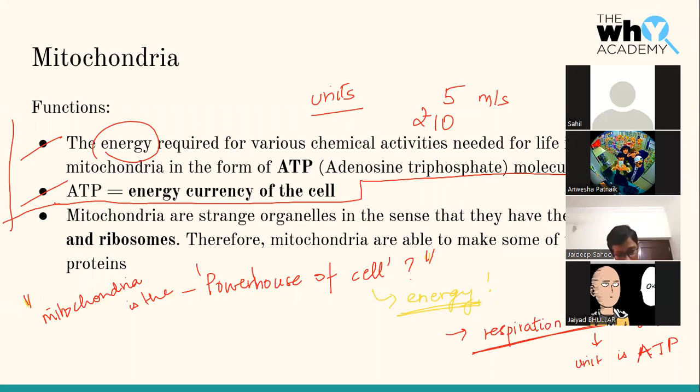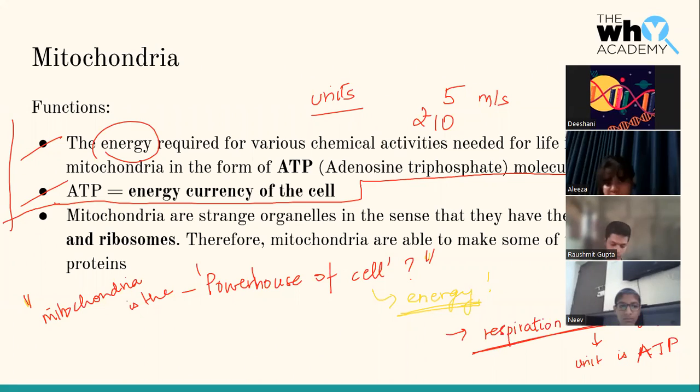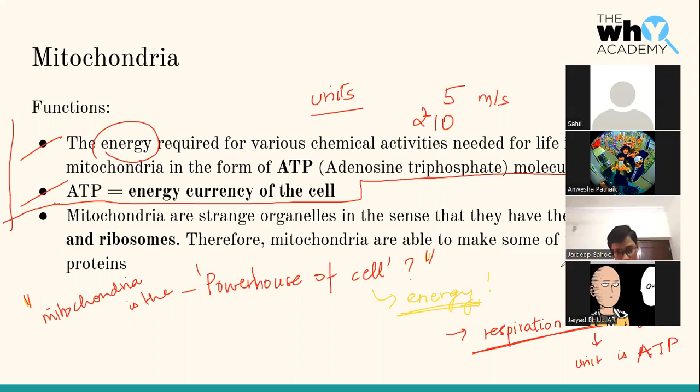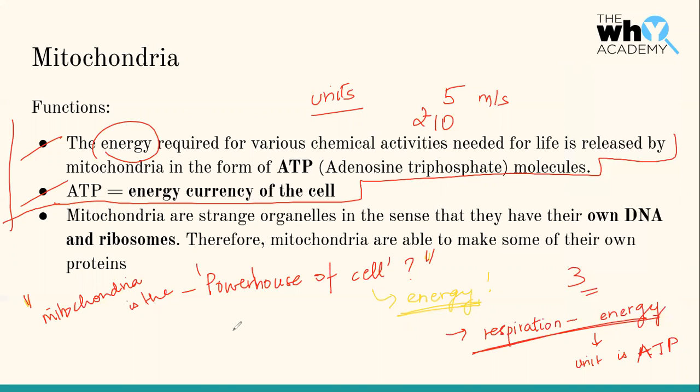In physics, there is one more chapter called work, power, energy. There you will study that the unit of energy is joule or kilojoule. So you might come and ask me, ma'am, why did you say that the unit of energy is ATP? We learned it is joule. Which is it? Why are you confusing us?